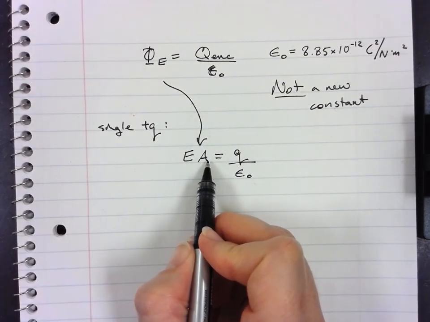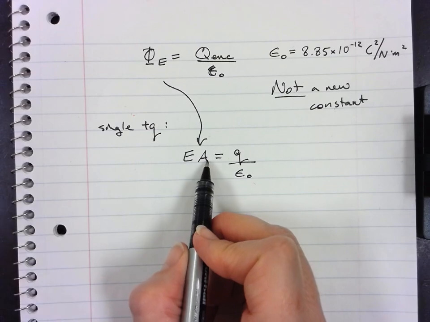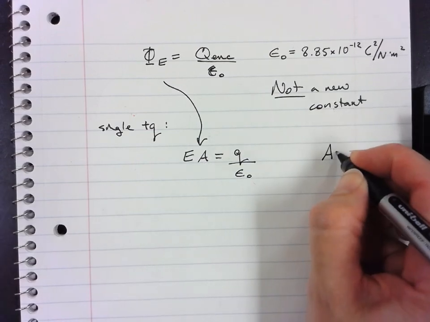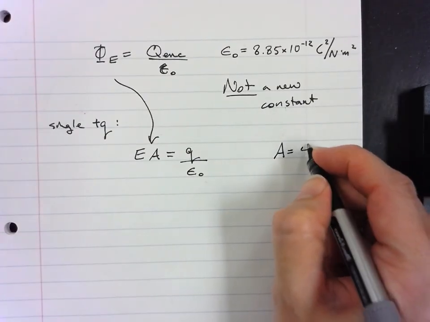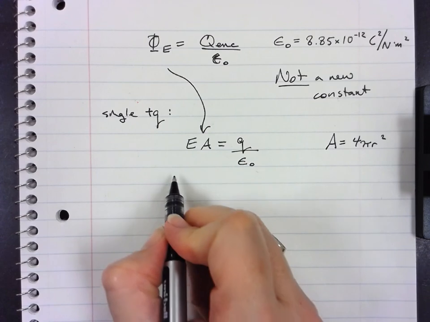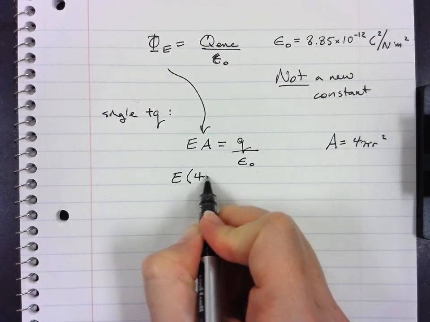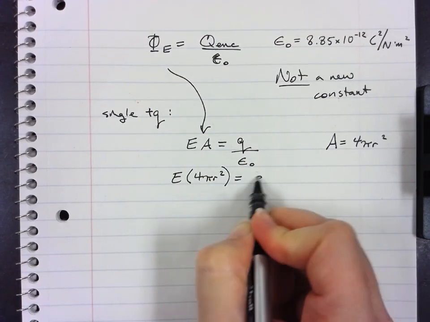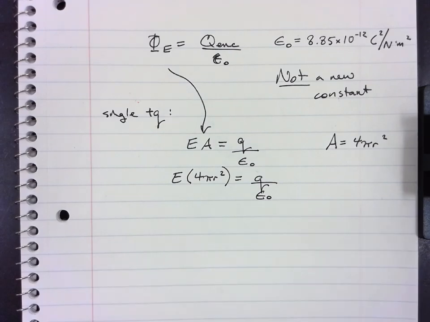Remember, this is important, that was a sphere, it was not a circle. The surface area of a sphere is 4 pi r squared. If you don't remember that, it is on the formula chart in the geometry section. So E times 4 pi r squared equals Q over epsilon naught.